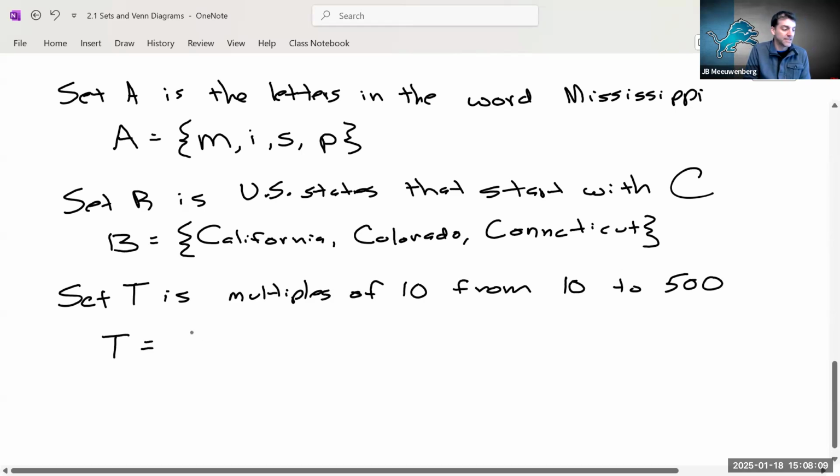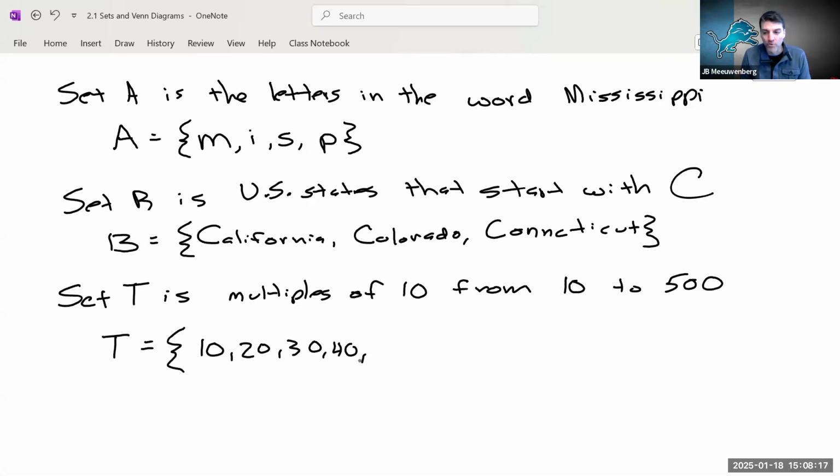And so we would say T is equal to 10, 20, 30, 40. You're probably wondering if I'm going to list them all. I'm not. When we have large sets like this, you can use what's called an ellipsis, which is three periods, dot, dot, dot. And what that shows is that you have some pattern that is continued throughout those ellipses, and you can just sort of leave them out, right? We don't have to write everything. It establishes the pattern, it leaves off the ones in the middle, and then it continues. So that's what we would say is set T if we wrote it in set notation.